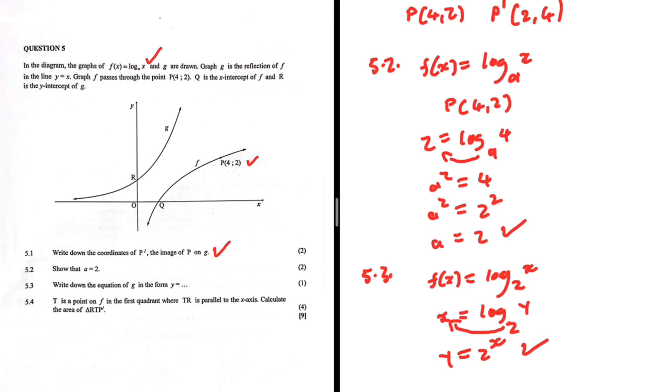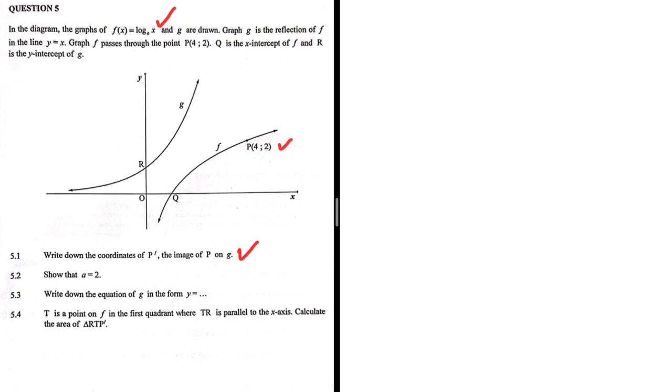That is 5.3. 5.4, quite an interesting question. Let's take a look. T is a point on f in the first quadrant where TR is parallel to the x-axis. T is somewhere here. Let me just join the two points. That is where T is located because we need TR to be parallel to the x-axis.